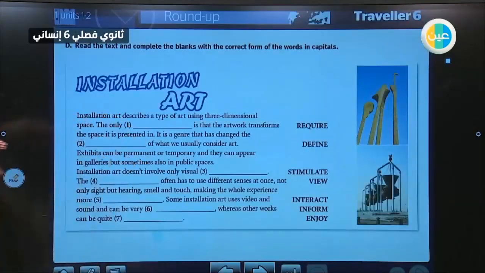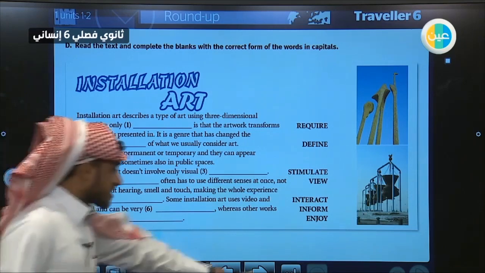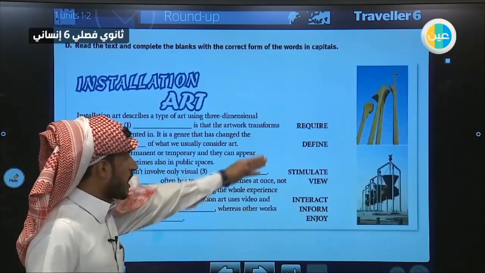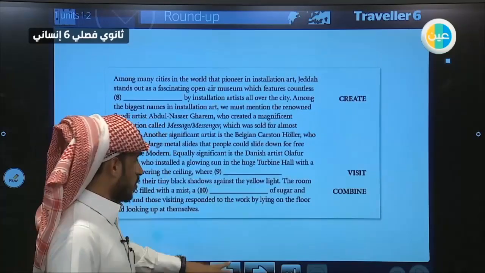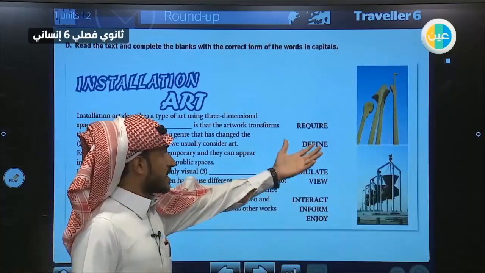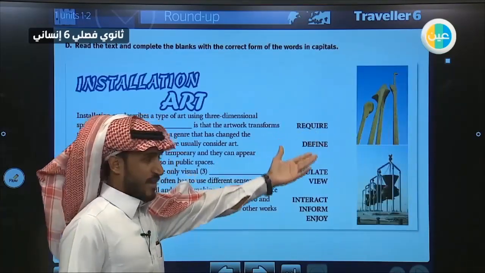The last part of our lesson today is to read the text and complete the blanks with the correct form of the words in capital. Installation art. If you notice on the right side of the page, we have around 7 or 8 or 10 words that are written as verbs.